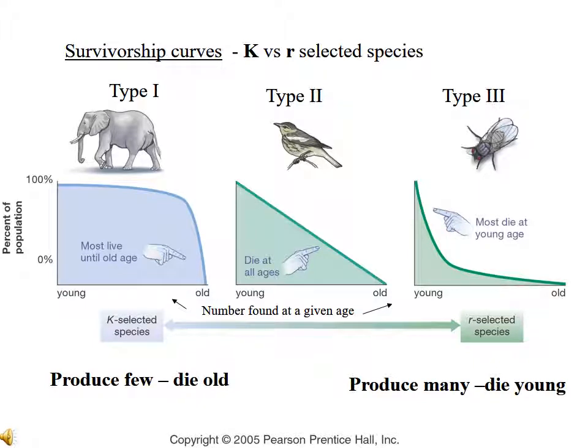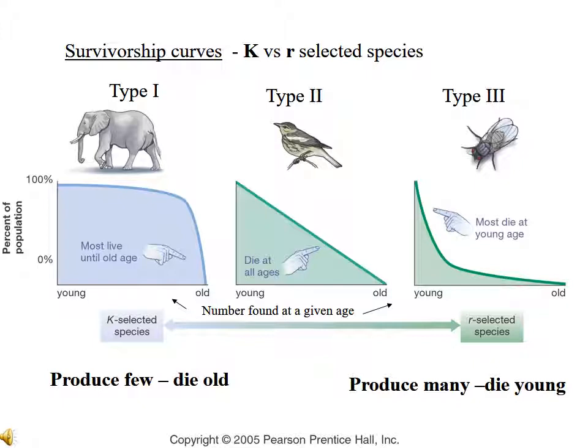If we look at K and R selected species by way of survivorship curves, we can group them into type 1, type 2, and type 3 survivorship curves. All of us realize that if we look at a K-selected species at a given time, we will find lots and lots of organisms of various ages.